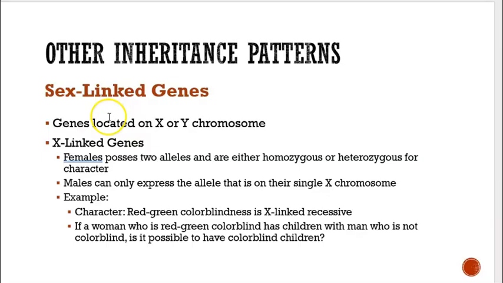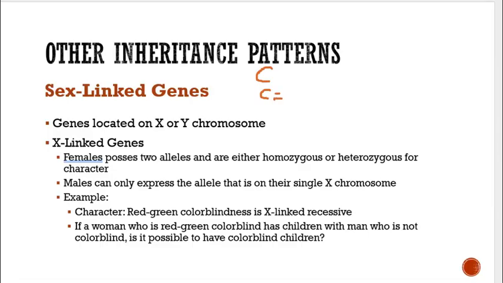So let's look at an example of this. We have a case here where we've got red-green color blindness, and it says it's an X-linked recessive genetic disorder, and this is true. So I'm going to make a big C and a little c. It's X-linked and it's recessive.